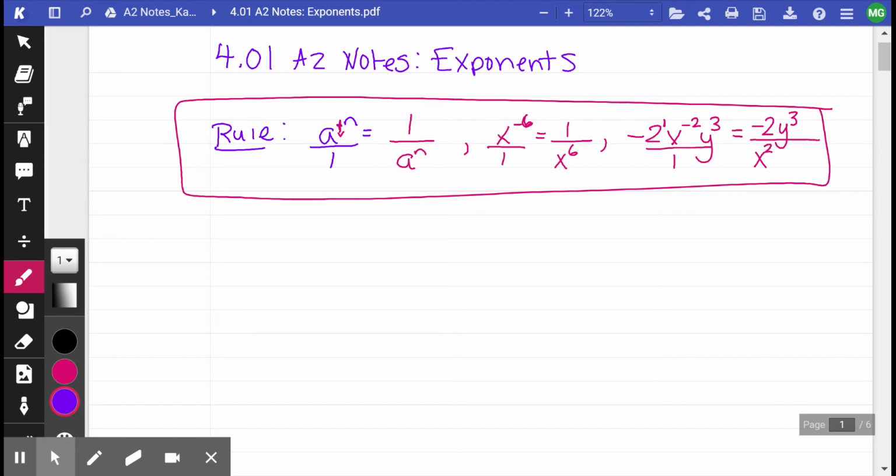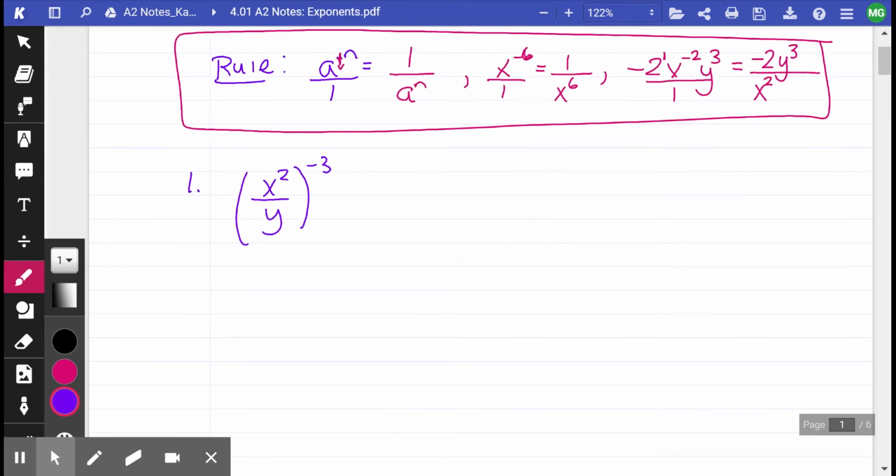Okay, so what if we have a fraction? Call this number 1, x to the 2nd over y, let's say raised to the negative 3rd. There's a couple different ways you can think about doing this. The first way is when you have a negative exponent, so this one's on the whole set of parentheses, again, you take the reciprocal. So this would become y over x squared raised to the positive 3.